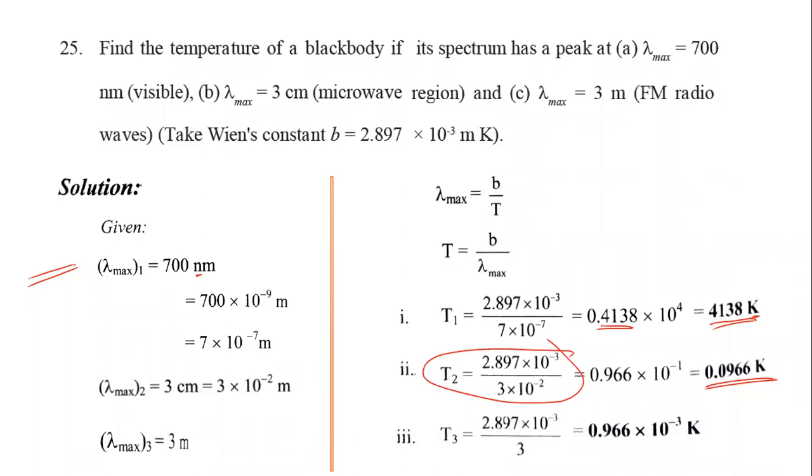I am directly displaying the answer because in the division the 10 raised to minus 3 stays as it is. So this is the final answer for this temperature: 3.966 into 10 raised to minus 3 Kelvin. Now here we finish question 25. Now next question we discuss.